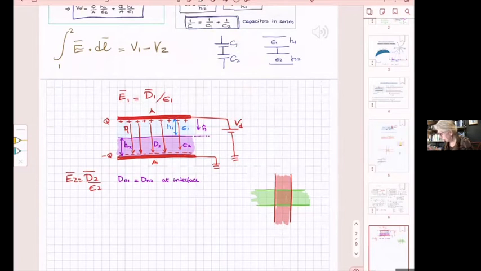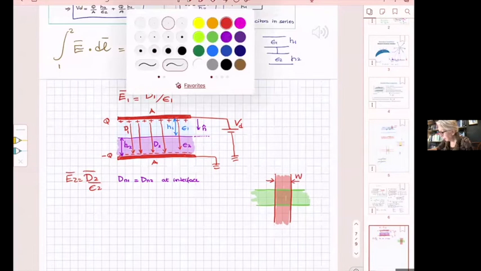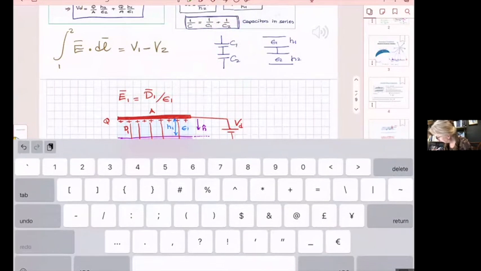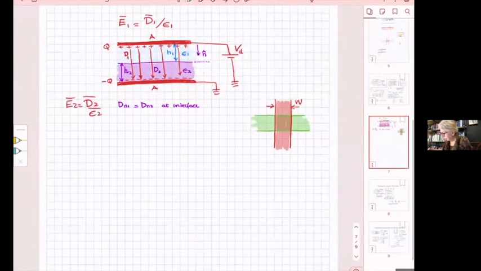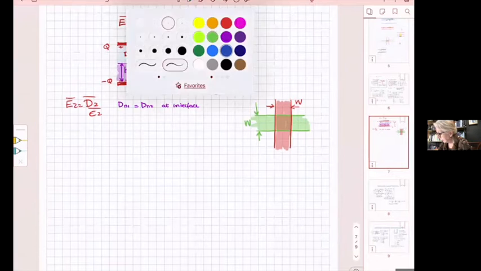And here it's how it goes. One line here, the red one, let's assume that they are identical, but they just cross. W here, the other has W here. So this area here is A.